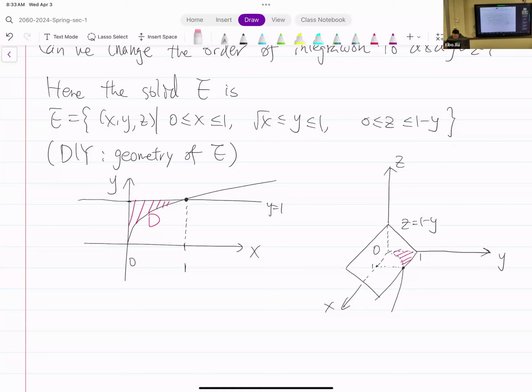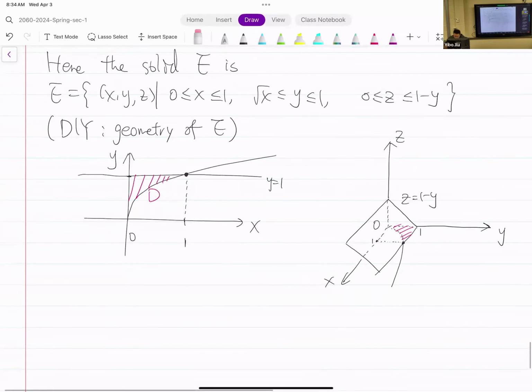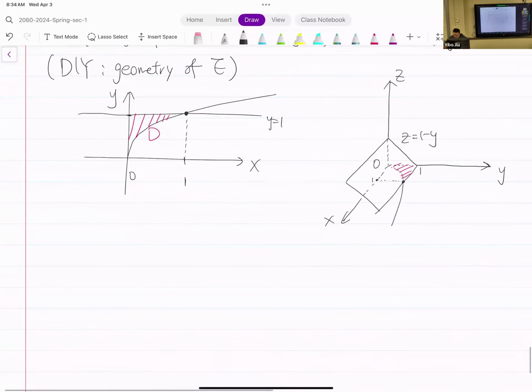Okay? And finally, we need to mention that this boundary in dash right here is the curvy part, right? But then you can imagine that you can draw it vertically up so that it will form the boundary of the solid in the front.